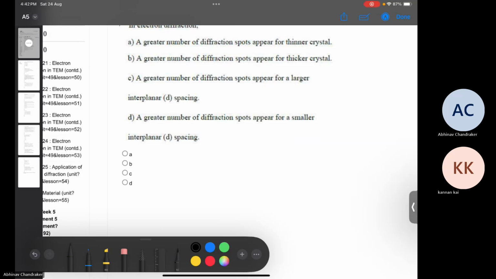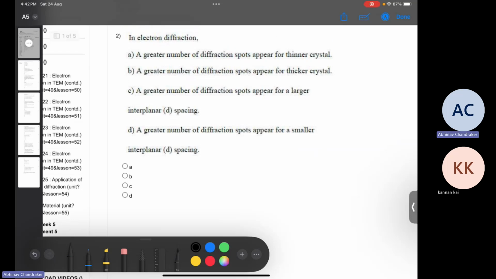Second question, we have already covered this. When you have a thinner crystal, you have rel-rod formation. So instead of the points in the reciprocal lattice, you can consider them as rods. And if the Ewald sphere is cutting any of these rods, then you will see a diffraction spot corresponding to all of those reciprocal lattice points.